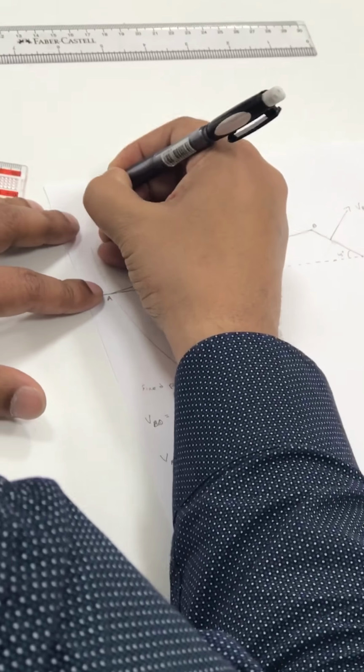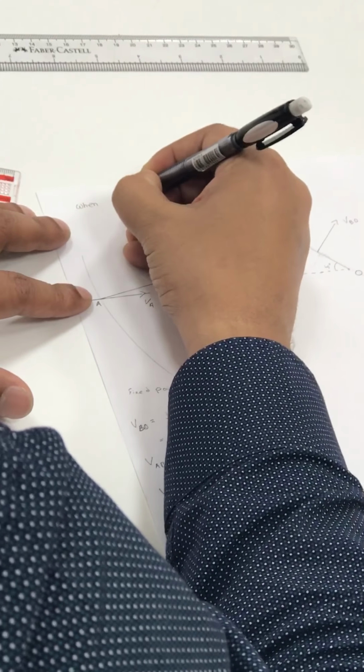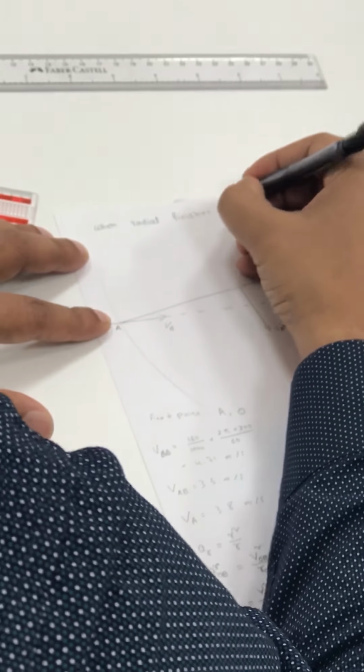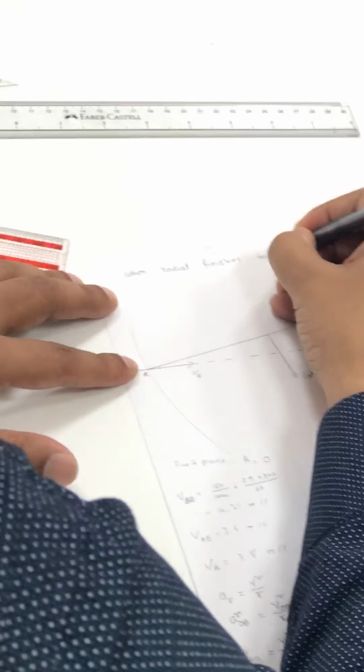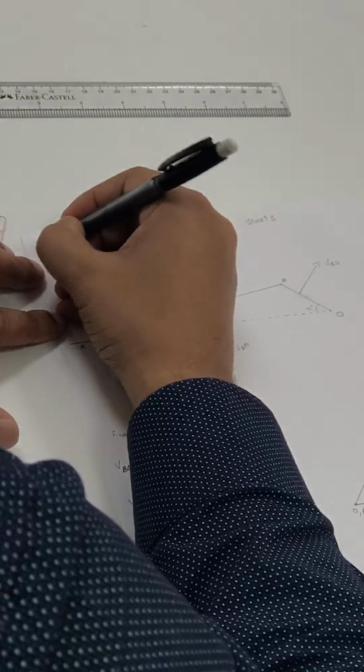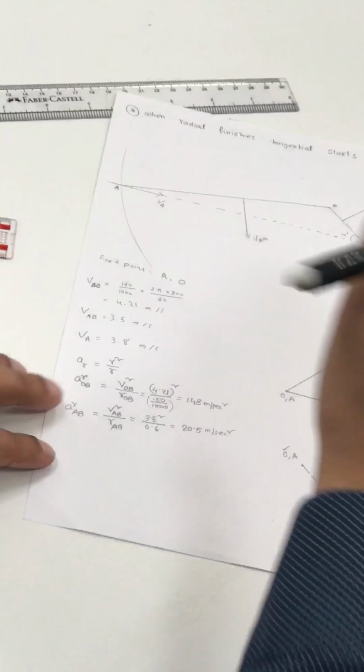Now the rule is, I'm gonna write it here. The rule is when radial finishes, tangential starts, at 90 degrees.